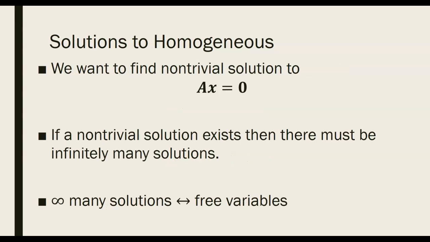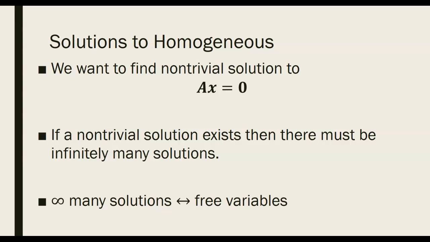The interesting case is, are there any non-trivial solutions? Are there any vectors other than the 0 vector where if you multiply it by some matrix, it gives you 0?